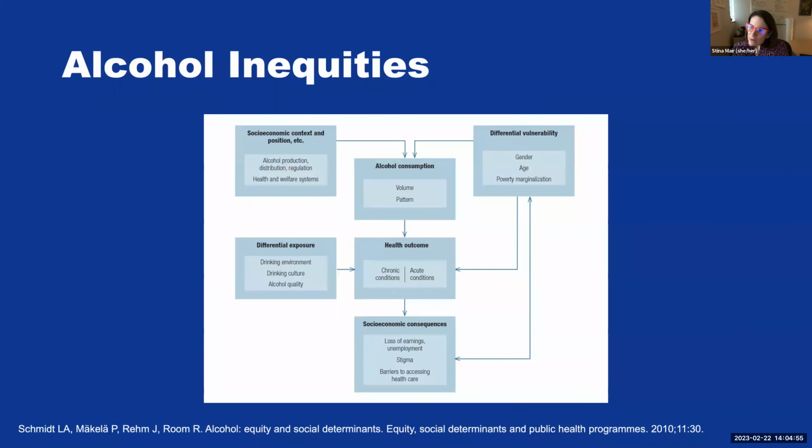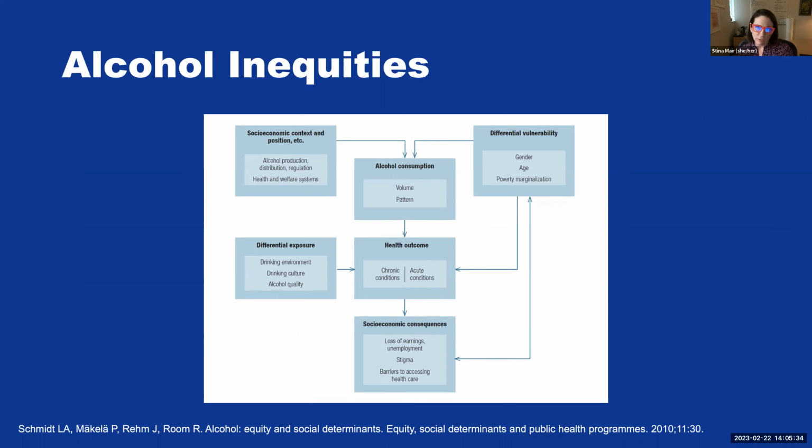Another really important thing to point out, and oftentimes when I think about alcohol and population level harms related to alcohol consumption, is this idea of alcohol inequities. And this is not my figure, this is someone else's, the link is there at the bottom. But when I say alcohol inequities, I'm really talking about that middle arrow between alcohol consumption and health outcomes, so that the amount and patterns of alcohol consumption and the harms that accrue related to that alcohol consumption can vary by, particularly in this country, minoritized racial identities, as well as minoritized sexual and gender identities.